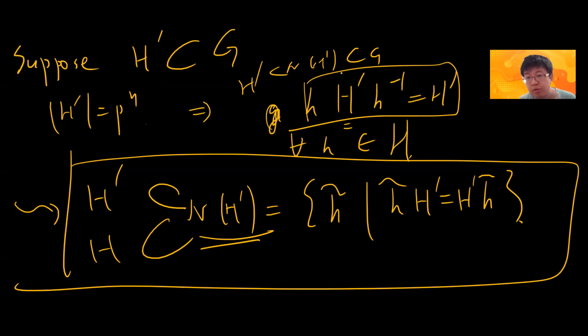By the Sylow second theorem, if you forget about G and use the second theorem, it tells you that these two are conjugate to each other. So H and H prime are conjugate.